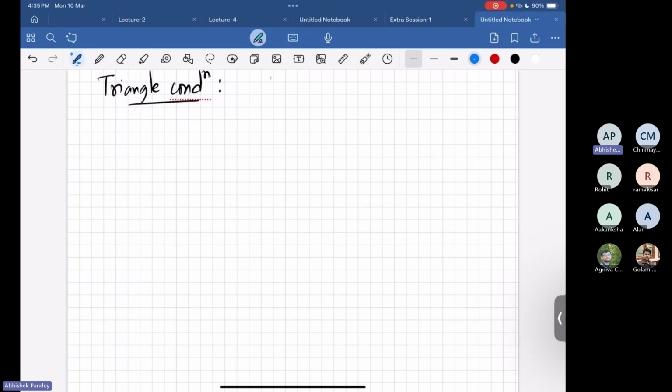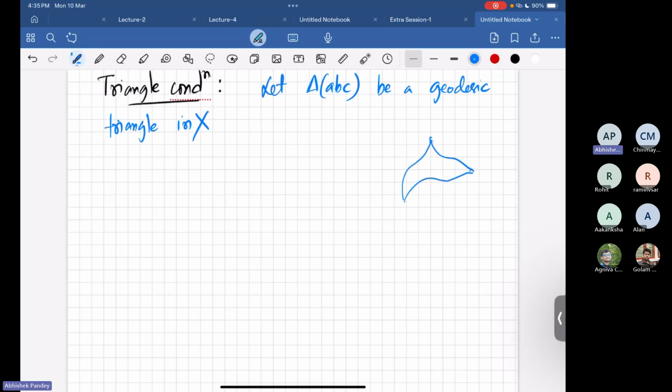Okay, so let A B C be a geodesic triangle in X. By geodesic triangle, I mean that we have 3 points, and we are joining them by geodesics. Let's say something like this.